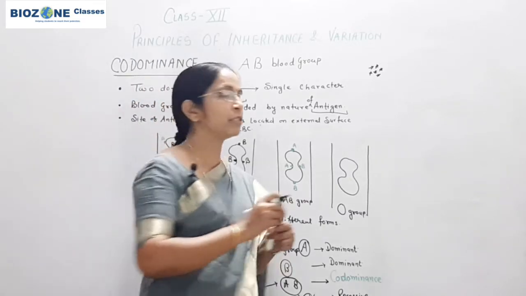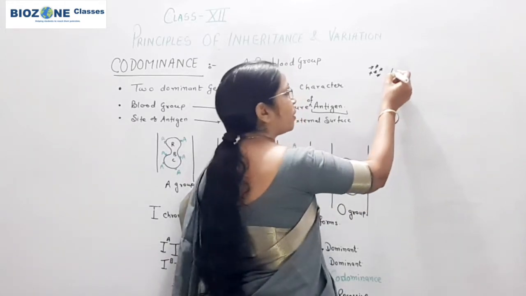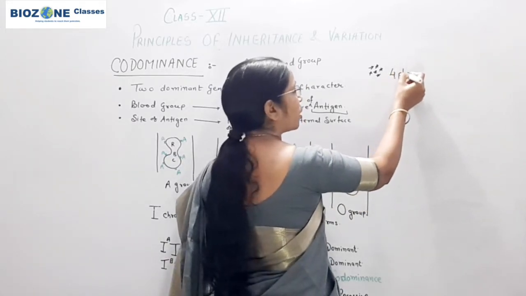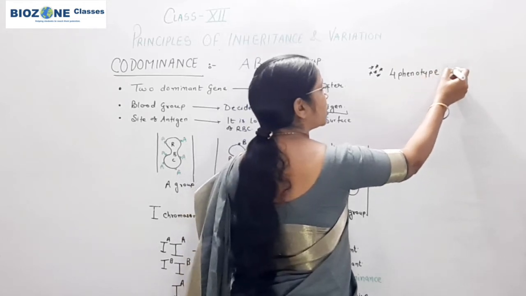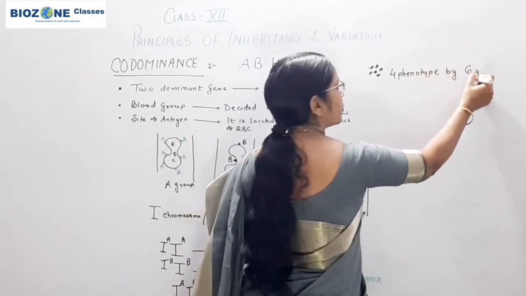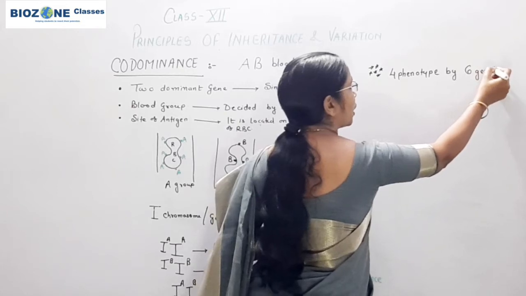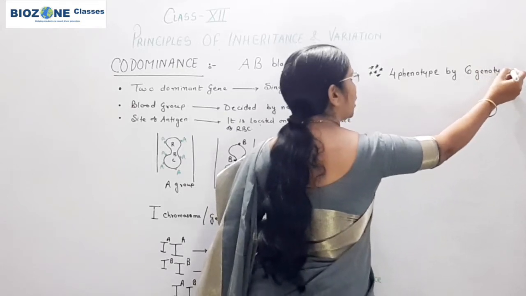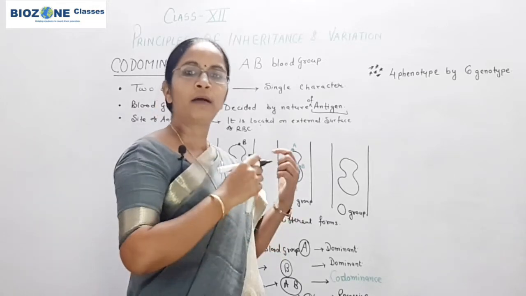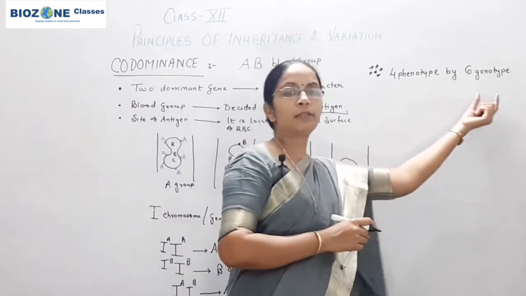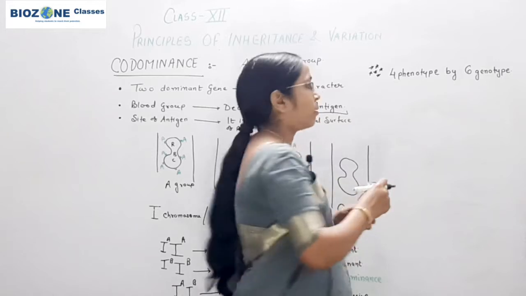Now how the 6 genotypes? This part you remember very well, or you mug up this statement: 4 phenotypes are expressed by 6 genotypes. Now how are these conditions?